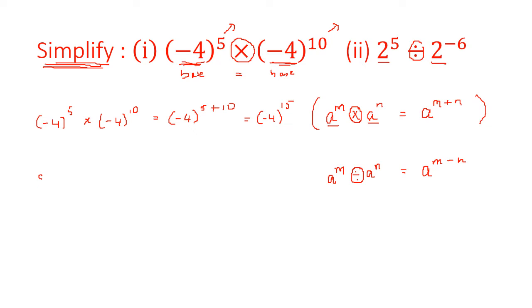So this sum, 2 raised to 5 divided by 2 raised to -6, we will write 2, the base remains the same, 5, m minus n, minus, but you can see here the n is -6, so do not forget this. This minus sign comes because of the division and this minus sign was already there, which I cannot forget. So this becomes 2 raised to 5 minus minus 6, which becomes plus 6.